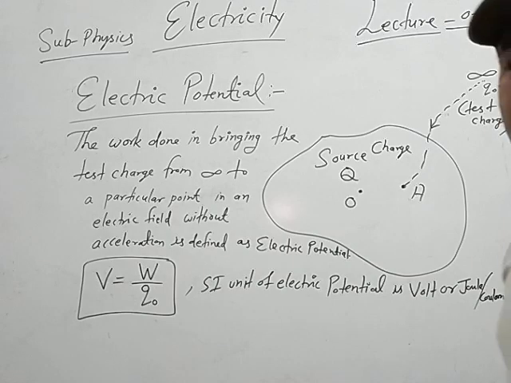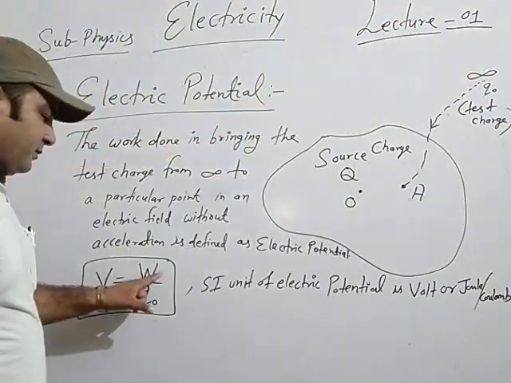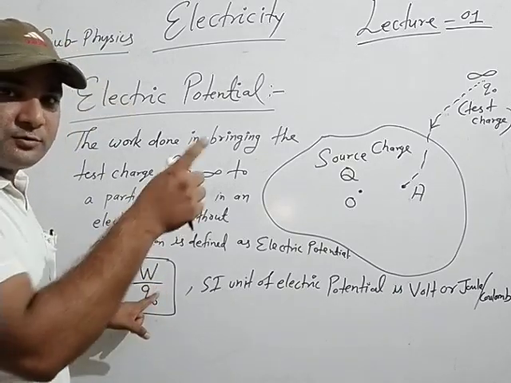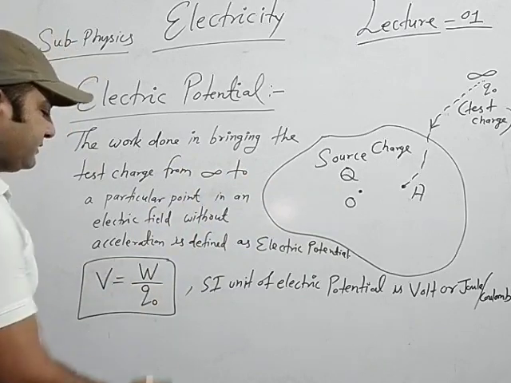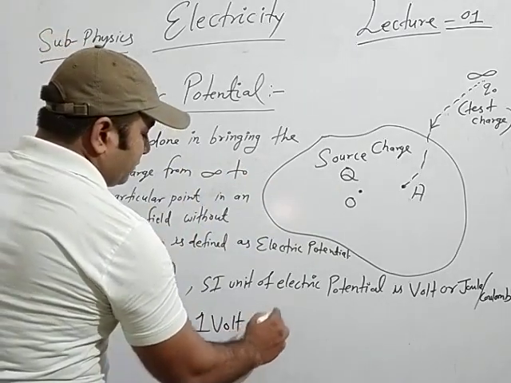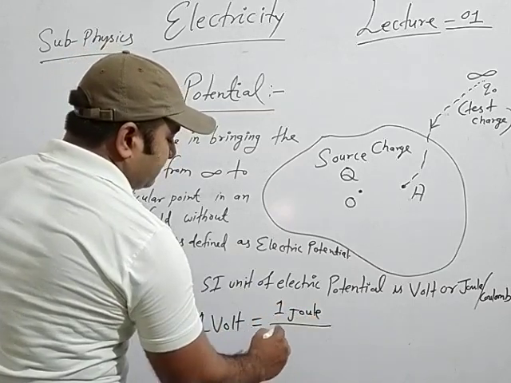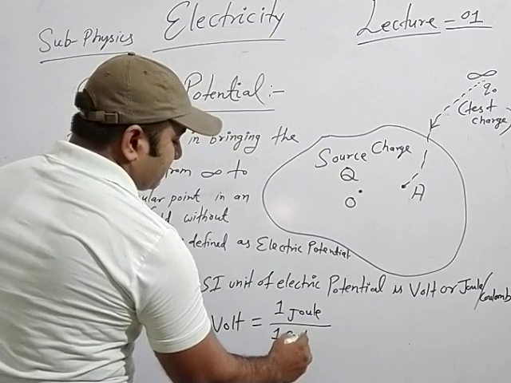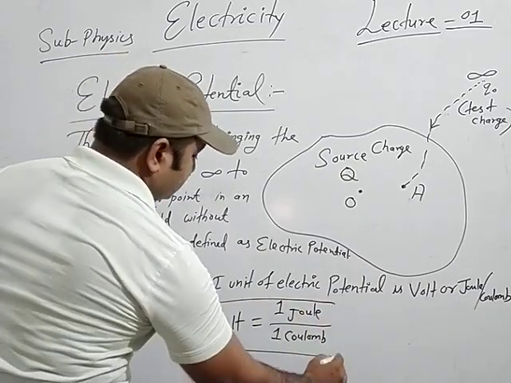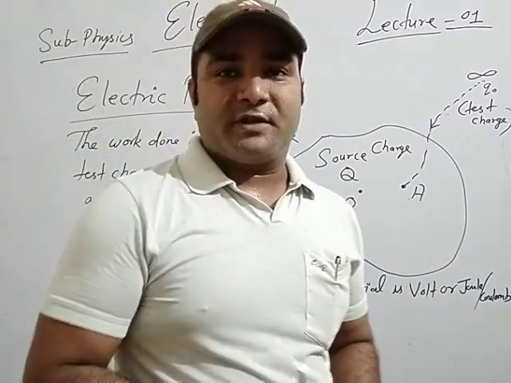If the work done is 1 joule in carrying 1 coulomb of charge from infinity to a particular point A, then 1 volt is equal to 1 joule upon 1 coulomb. Clear? Simple concept of the definition of electric potential.